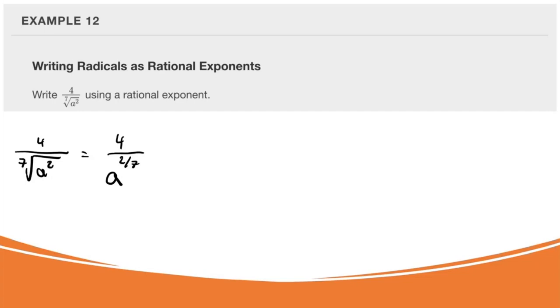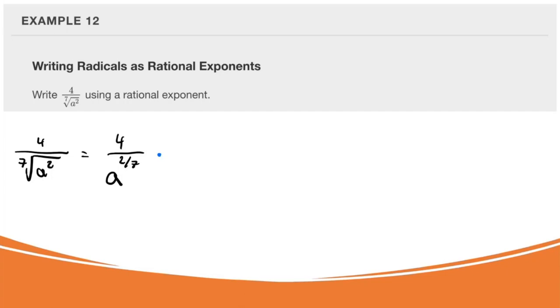We might need to rationalize. We might need to multiply the top and the bottom by a to the power of 5 over 7, so that way the radical leaves the denominator. We might stop here, but just in case, I'm going to write this other part.